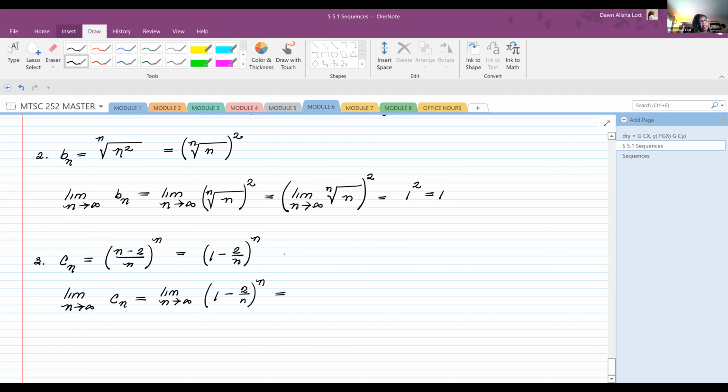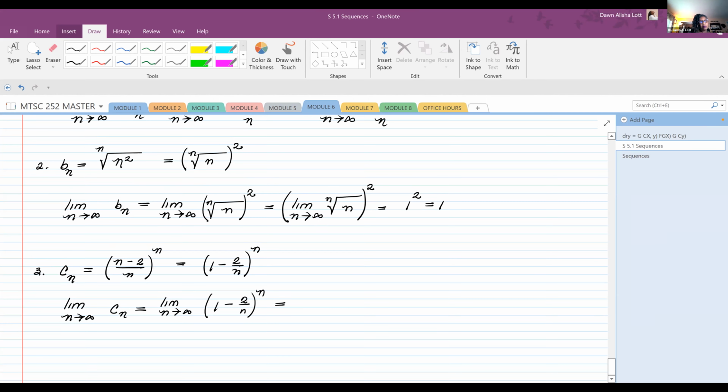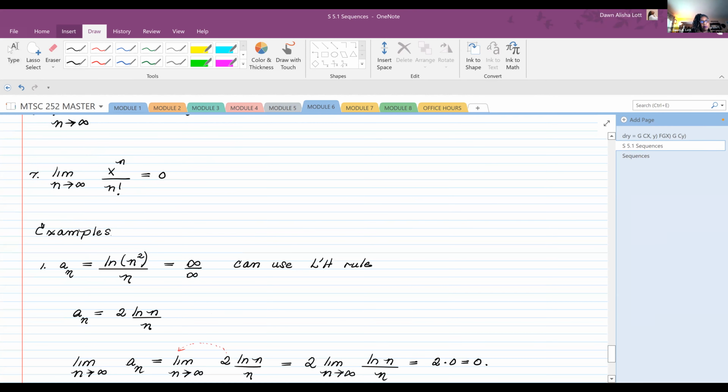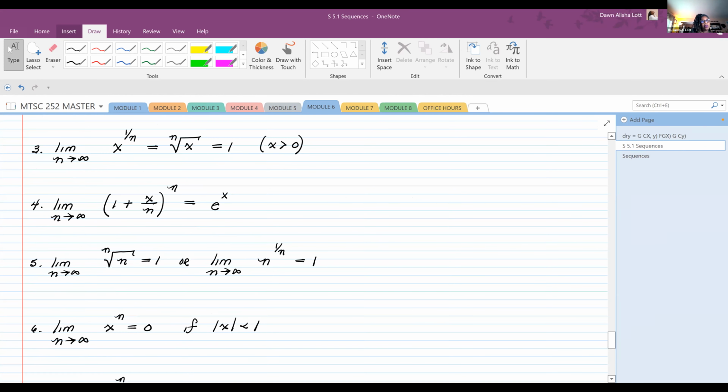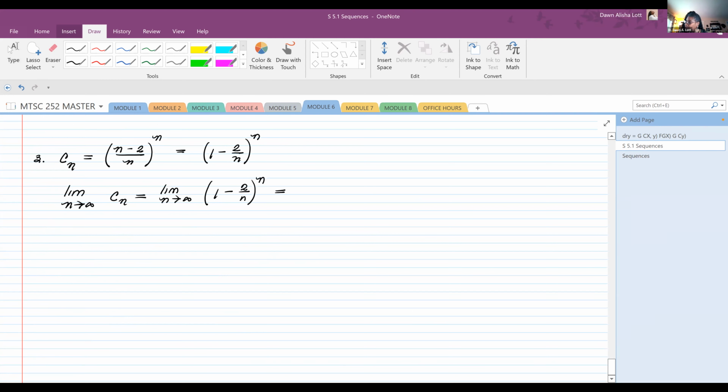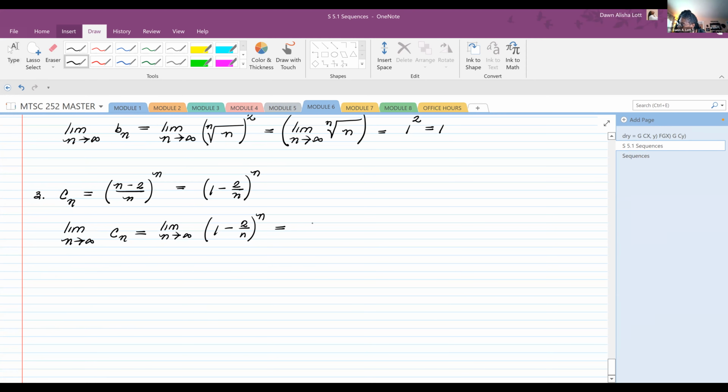And if we look back up here, that's just the fourth limit where x is replaced by 2, negative 2 actually. So this is e to the negative 2. Any questions?